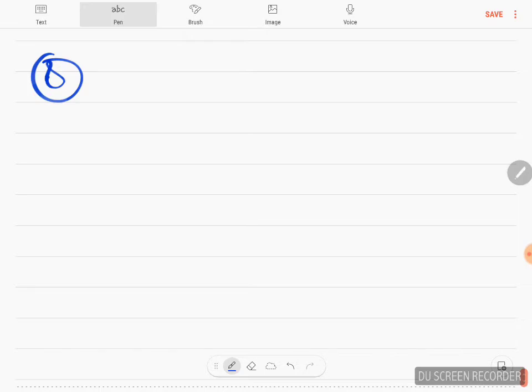Question 8. All right, question 8 says estimate. All right, you guys remember we went over estimating? When we're estimating, we're also doing a little bit of rounding.